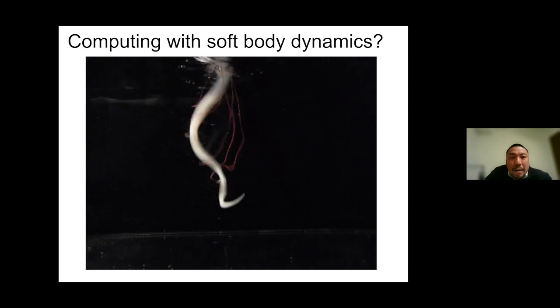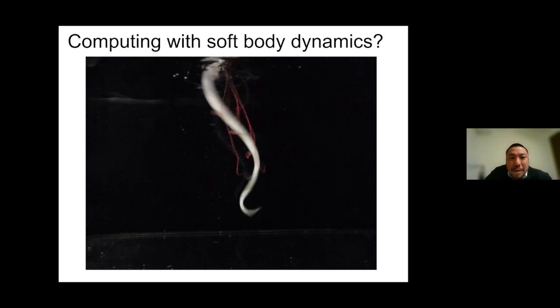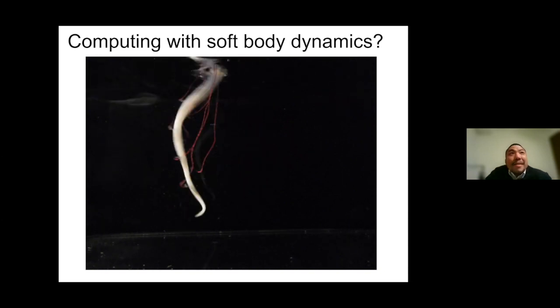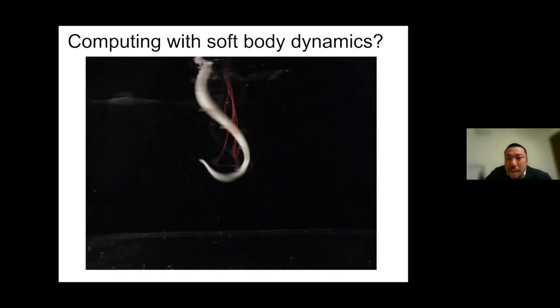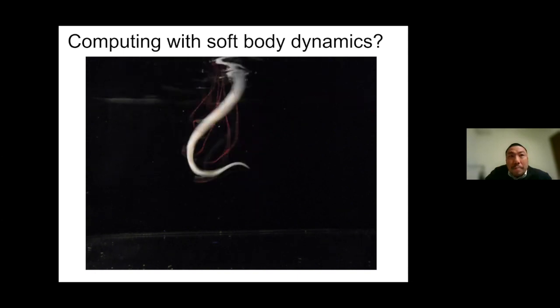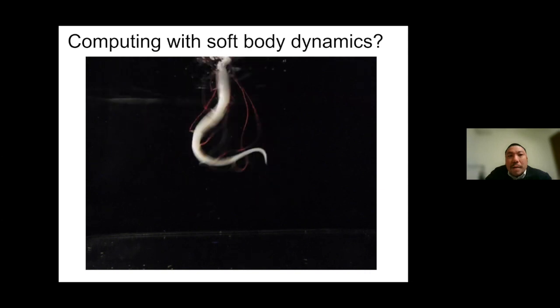And we argue that we can exploit these diverse complex body dynamics, natural physical dynamics, as a computational device based on the framework of physical reservoir computing. Today I would like to briefly explain the mechanism why this is possible.